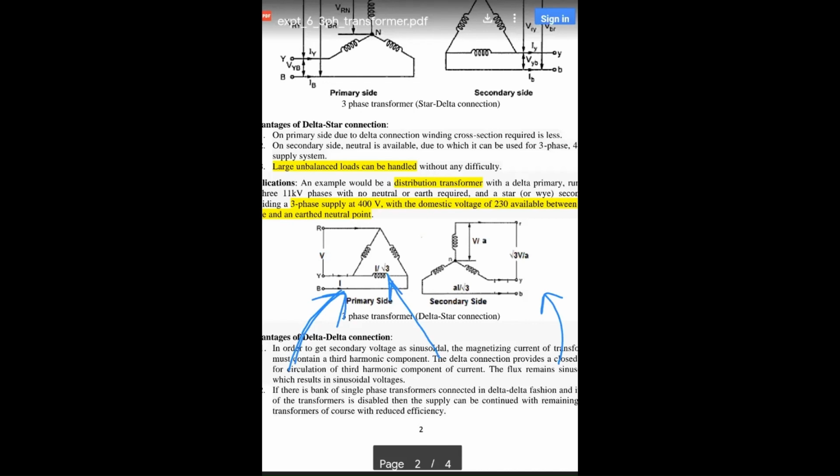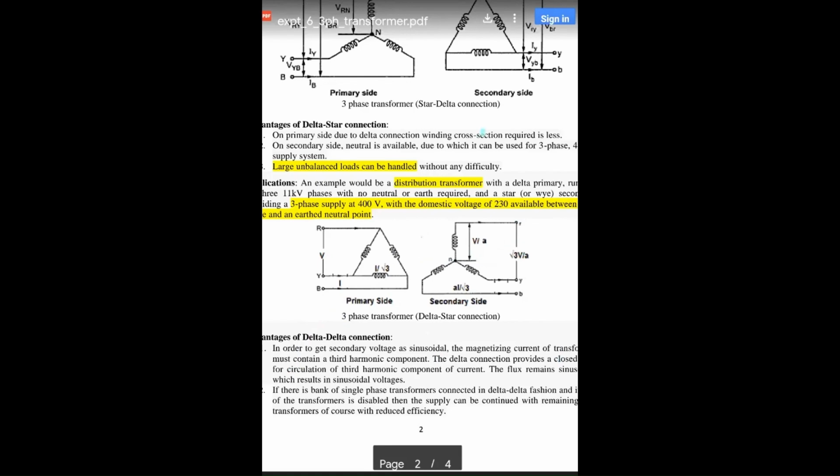Okay, so this is one phase, any phase you can say, it is R phase, this is neutral, so voltage between them is V. But if its transformation ratio or turns ratio, which you can say, is A, then its voltage is reduced to V by A. Okay, so this is the phase voltage, and the voltage between the two phases is root 3 times the phase voltage, so root 3 is multiplied by this phase voltage and it becomes root 3 V upon A. Okay, so these are the physical magnitudes of the voltages.